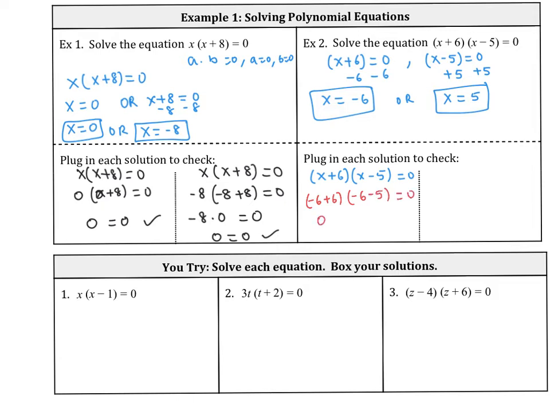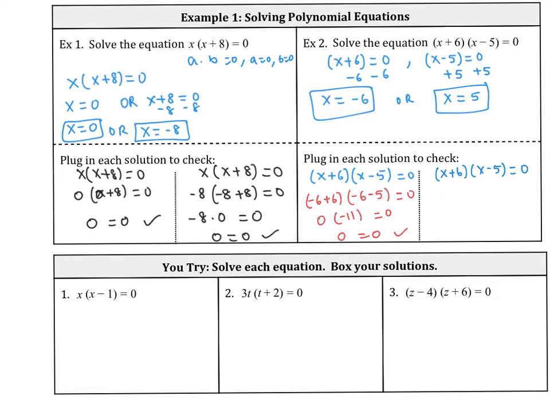So you got here 0 and here you got -11. So 0 times -11 is 0. 0 equals 0, which is true. Now we are going to check the other value of x, and the other value of x is 5.